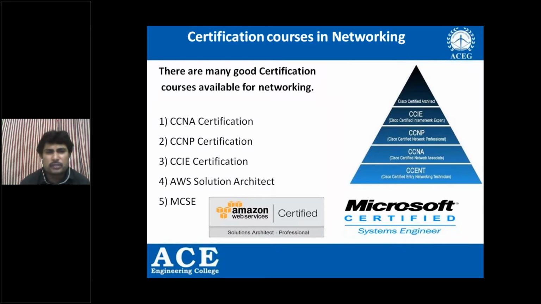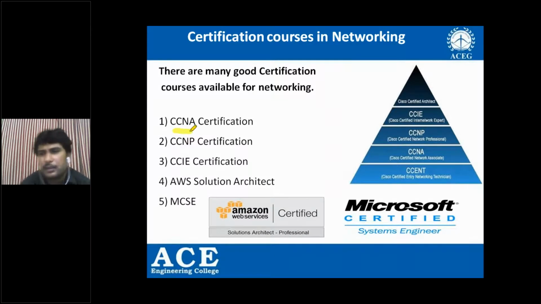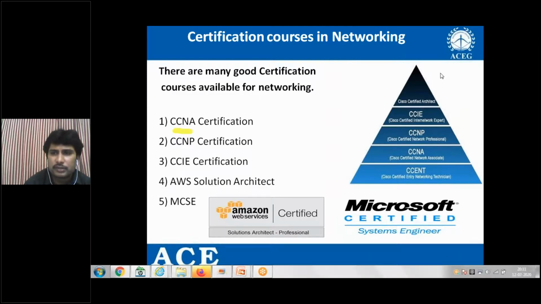What are the different courses related to networking? First, we have a course called Cisco Certified Network Associate, then Cisco Certified Network Practitioner, then we have the CCIE course, Cisco Certified Network Professional, Cisco Certified Internetwork Expert, and then Cisco Certified Architect.